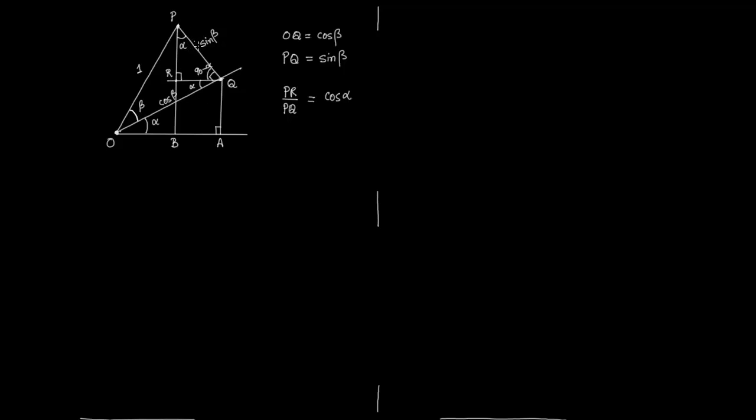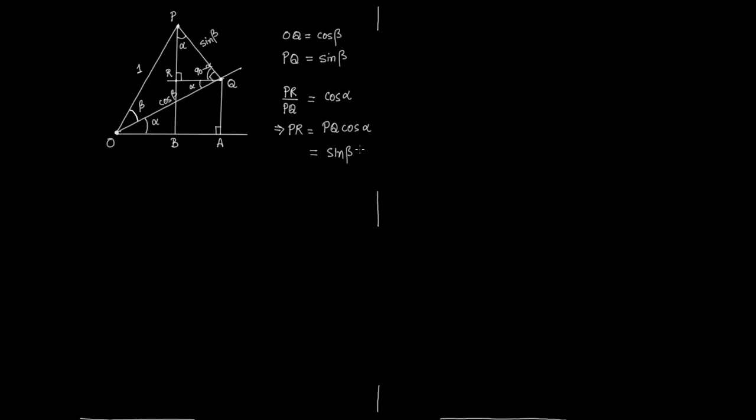Now PR by PQ is cos alpha because PQ is the hypotenuse of the triangle PRQ and PR is the side adjacent to angle alpha. So by definition of cos alpha, you get side adjacent PR divided by hypotenuse PQ. Now I'm just multiplying by PQ on both sides, but PQ is sin beta.